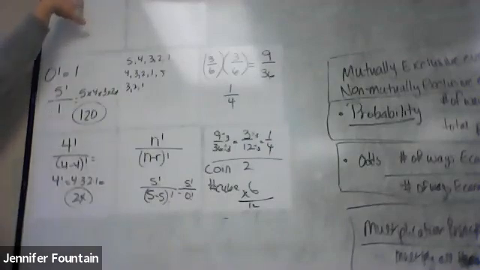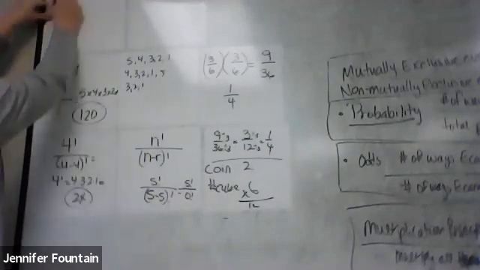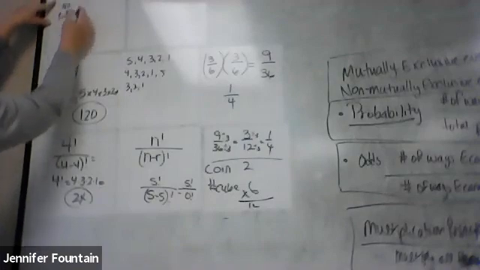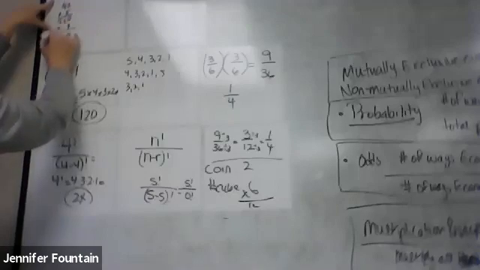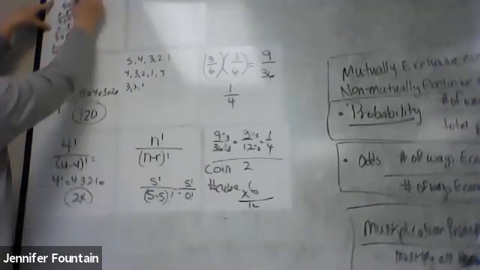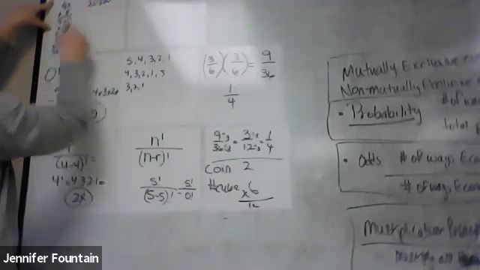What's 7 times 6? 42 times 5 is going to be 210. Carry my 1. So that's 210 times 4 is going to be 840. 840 times 3 is going to be 2,520.